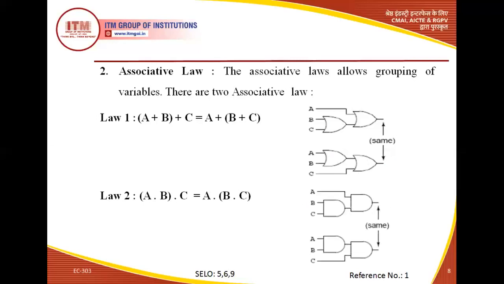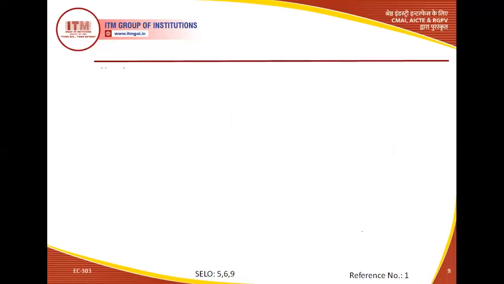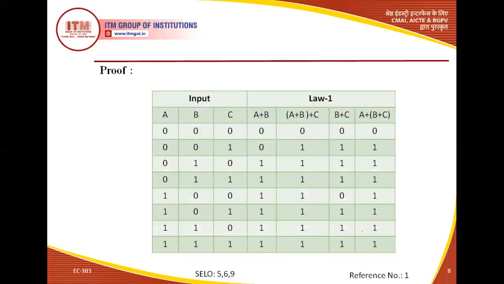Similarly, in the AND operation, we can also see that first we perform the AND operation of B and C, then the AND operation with A. And in the second case, we first perform the AND operation of A and B, then the AND operation with C, which gives the same result. We can see it by using the truth table also. That means how we can prove this law by using the truth table.